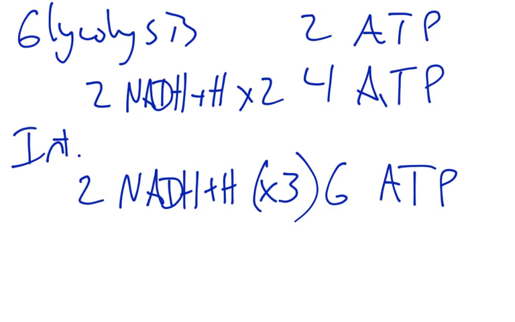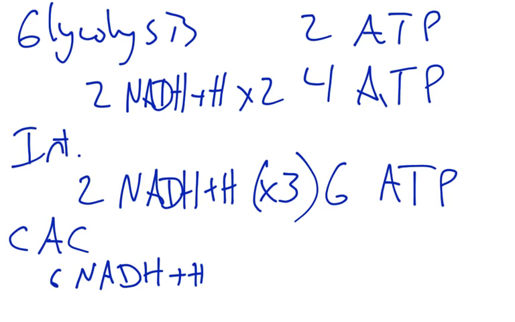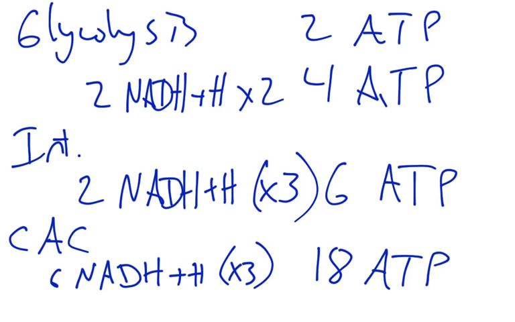Okay. Now, citric acid cycle, how many NADH do we make? 6. Yep, 6 NADH. 6 times 3 is what? 18 ATP.